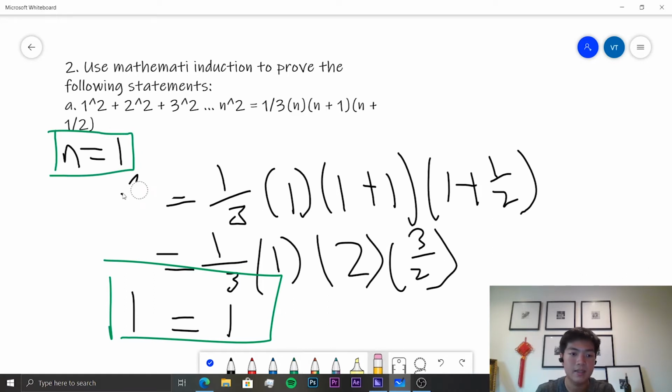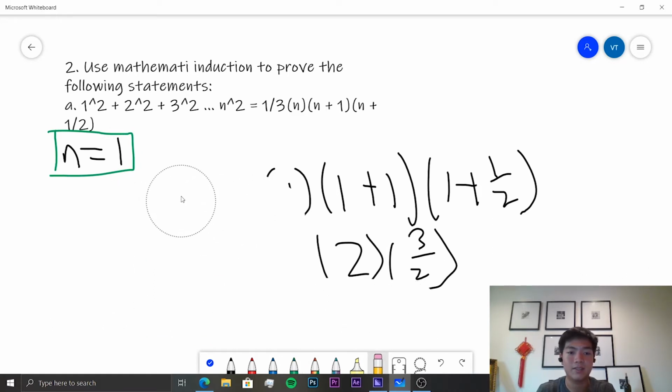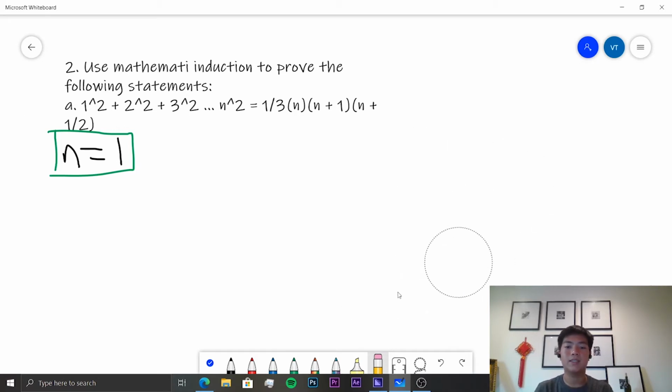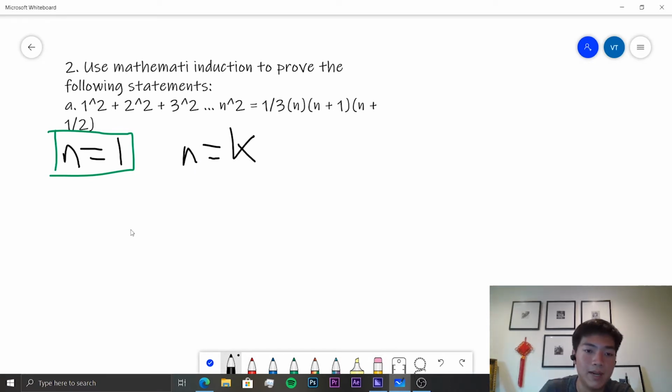So next, we're going to move on to the inductive step. For this, you want to assume that for some number n equals k, the statement is true. So what happens if we put n equals k plus 1?